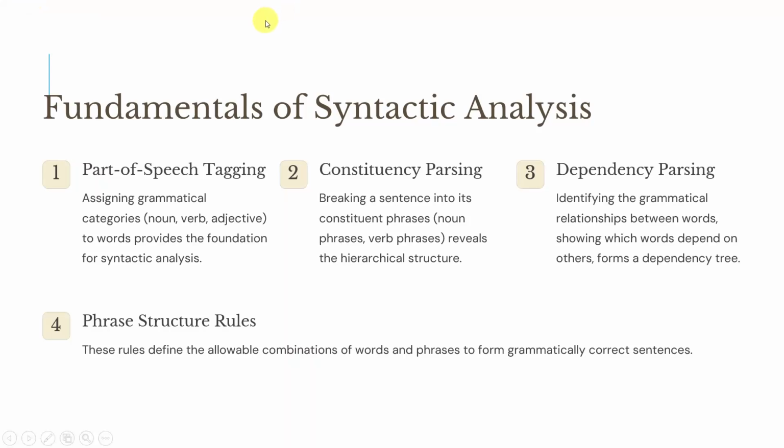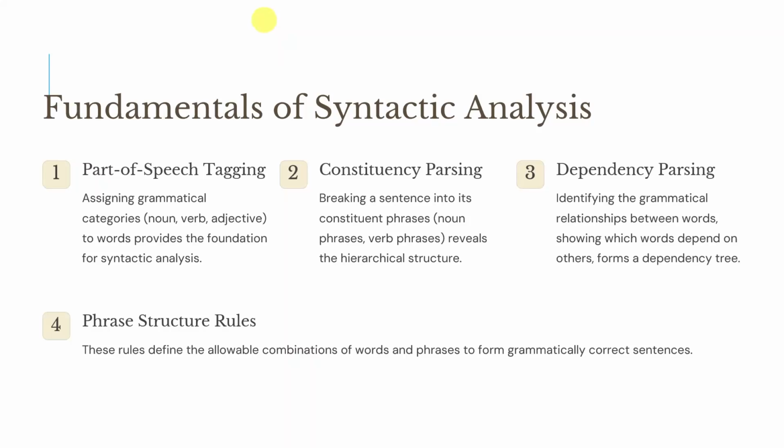Coming to dependency parsing, in constituency parsing we consider the sequence of adding the labels to the words. After adding these labels to the words, in dependency parsing we provide the relationship between the words, which word depends on others, to form a dependency tree.